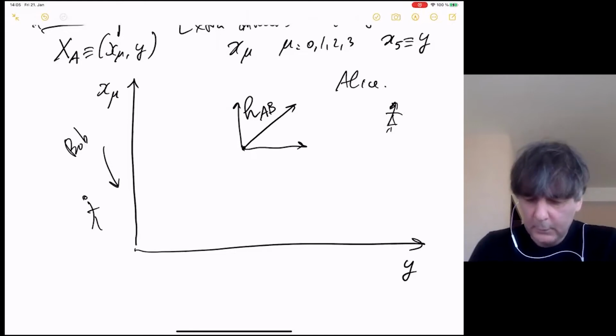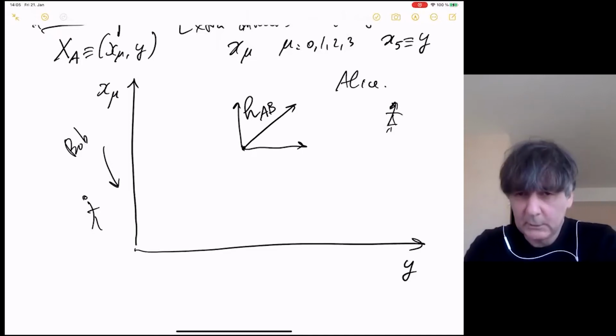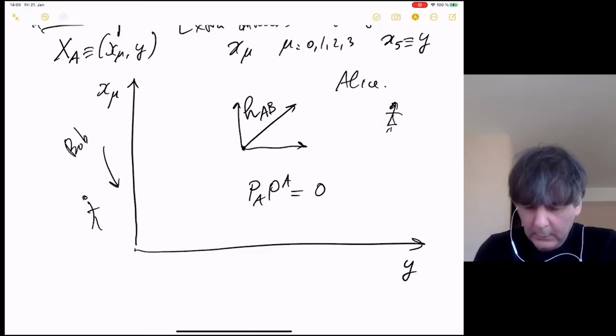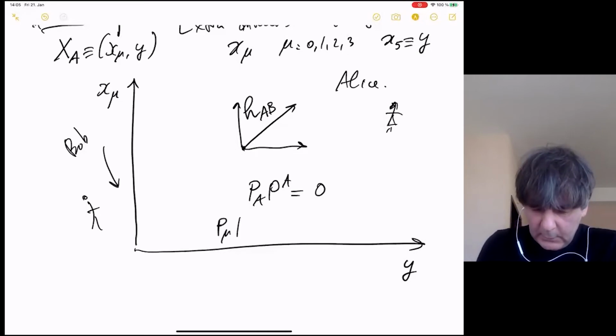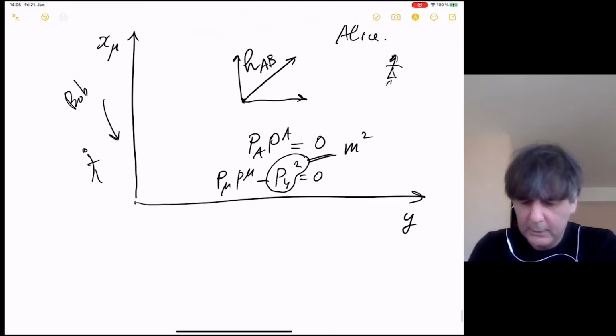As we said, the dispersion relation of this particle from the point of view of Alice is just the dispersion relation of a high-dimensional massless particle, so the high-dimensional momentum P_A squared is 0. But Bob cannot measure P_y, so Bob can think about this P_y as a mass.